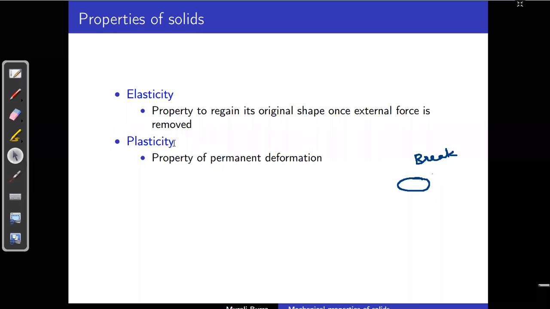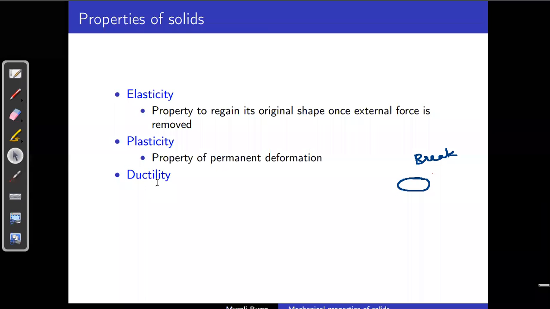Now next, ductility. Ductility means what? Can someone tell me? This is well known to goldsmiths. If a material has a shining nature, we can pull it into sheets or into thin wires.